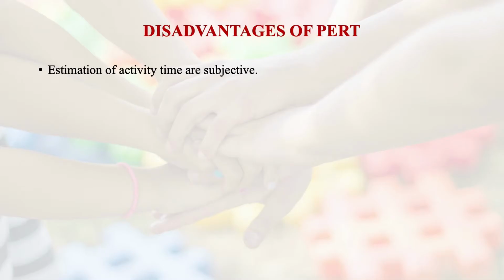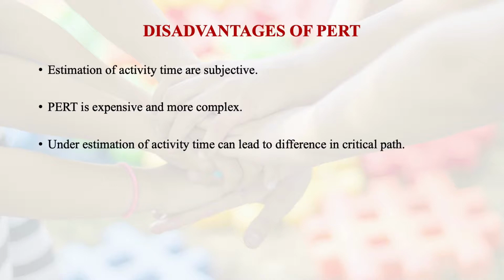Well, are there any disadvantages of PERT? There are. And the first one is that estimation of activity time is a very subjective activity, and it may lead to incorrect results. PERT is an expensive and more complex kind of project review technique, and underestimation of activity time sometimes in PERT can lead to differences in critical path.